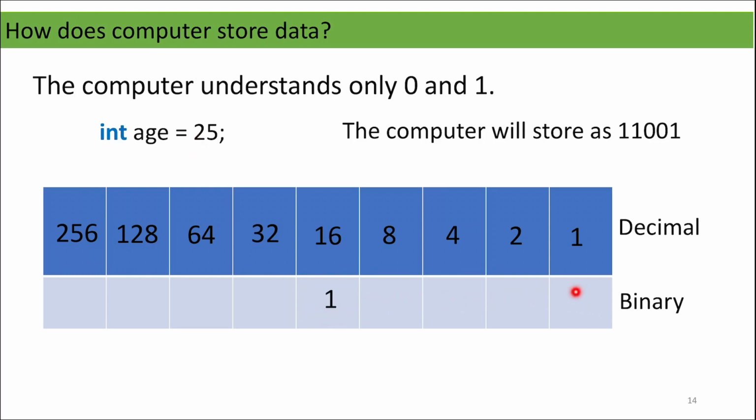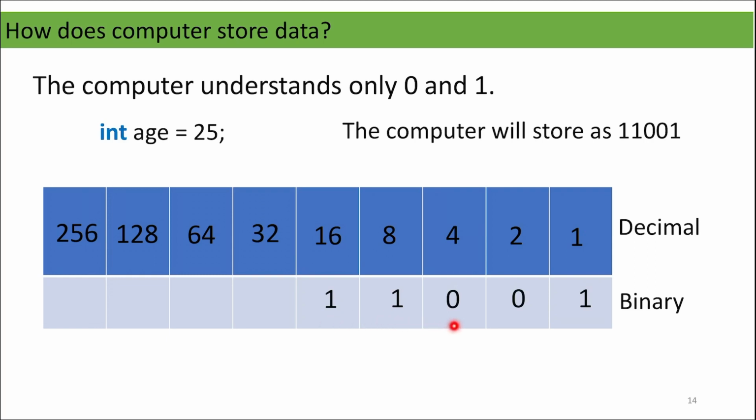Where can we fit the 9? There's no 9 here, so we can fit 1 in the 8, and that will give us 8. The remaining now is 1, because 8 plus 16 is 24, and only 1 is missing from our 25. So the 1 you can add here, and in between we put zeros.